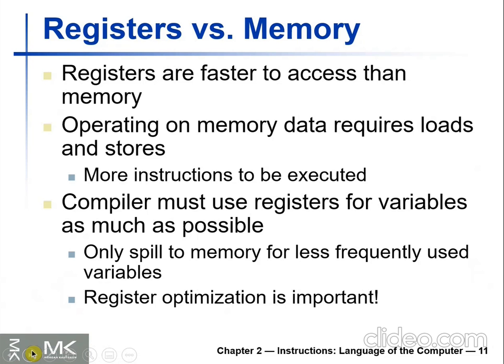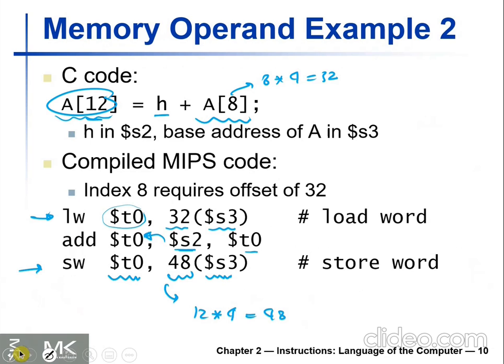One way to do this is to locate the variables that are less frequently used and store them in the memory. That's one technique. Also, register optimization. Let's explain this in this example here.